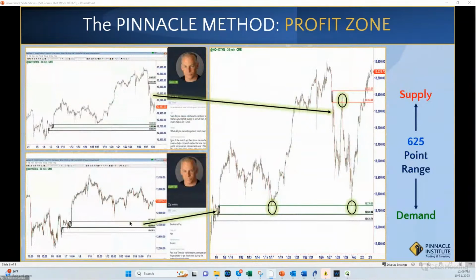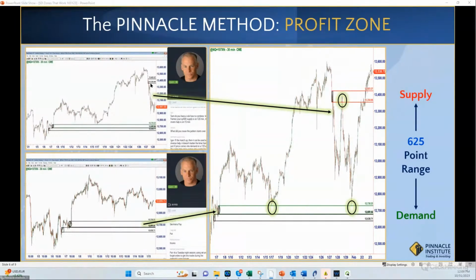You can see in this example, out of our live trading sessions, we had identified a supply zone up here. That's this one. The arrow should be pointing up here. Anyway, and then the demand zone all the way down here.